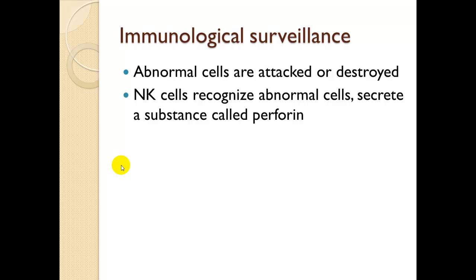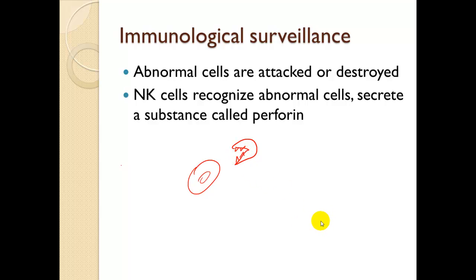Immunological surveillance. Abnormal cells are attacked or destroyed, and NK cells recognize abnormal cells and secrete a substance called perforin. Perforin is kind of like a tank round. What I mean by that is that we have a cell here that our macrophages can't eat.